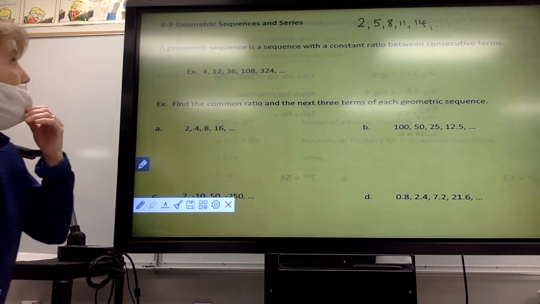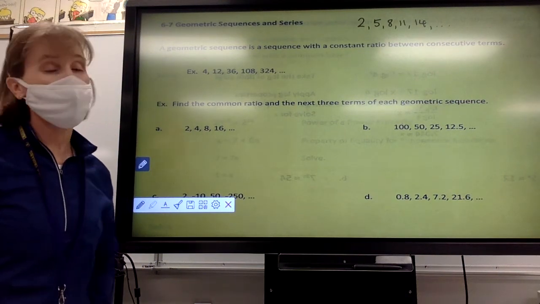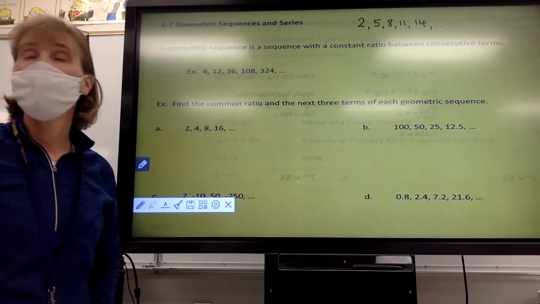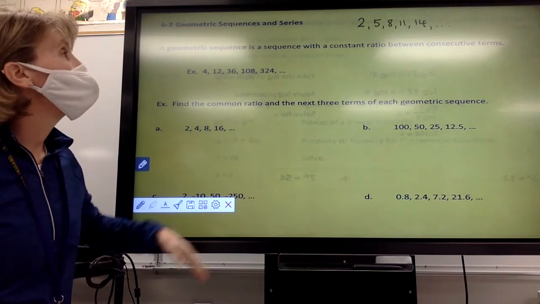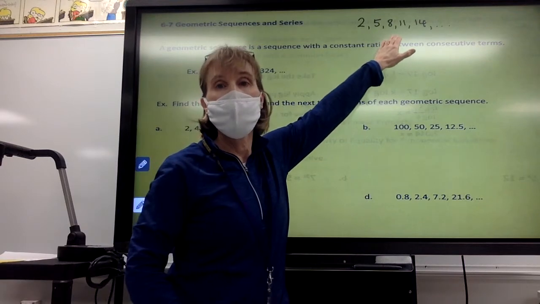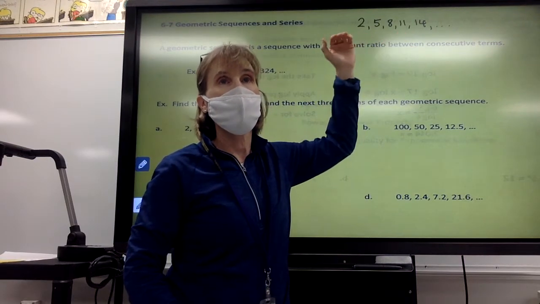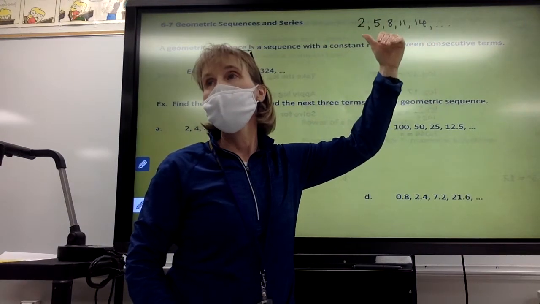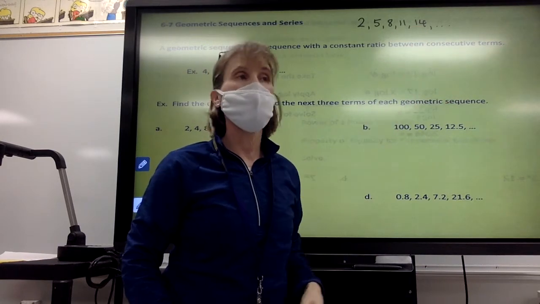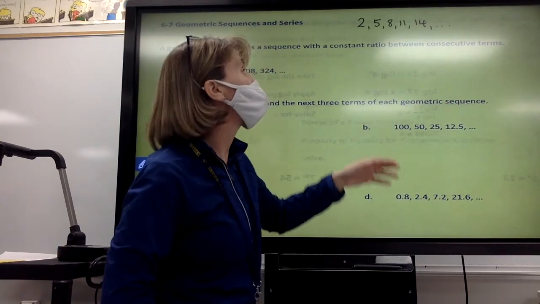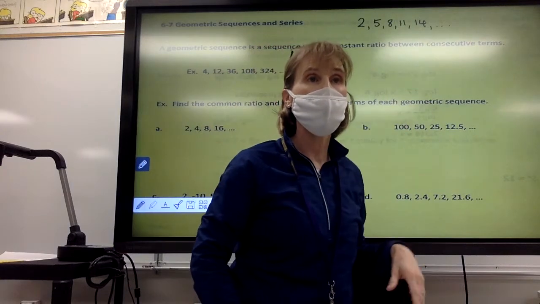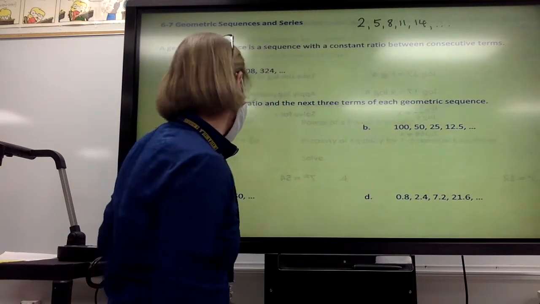Okay, the last page in your packet, we're going to talk about geometric sequences and series. When you were in Algebra 1, we would give you something like this and ask, is it an arithmetic sequence, and what are the next three values in the sequence? What pattern do you see? Adding 3.